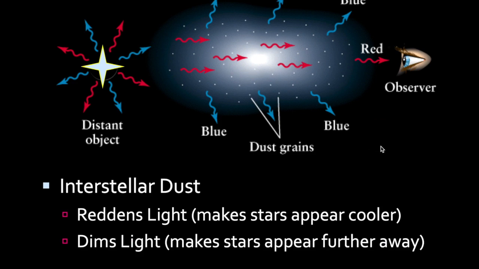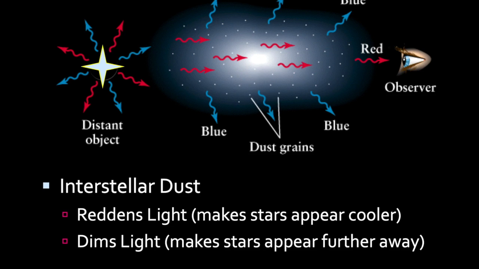Well, we did talk about this last time, the interstellar dust, but this time we are actually going to account for our dust. So, dust and gas like to scatter our blue light. When that happens, it has two effects. The first is that because it's scattering blue light, you see more red light, and you think that the star is cooler because it looks redder.